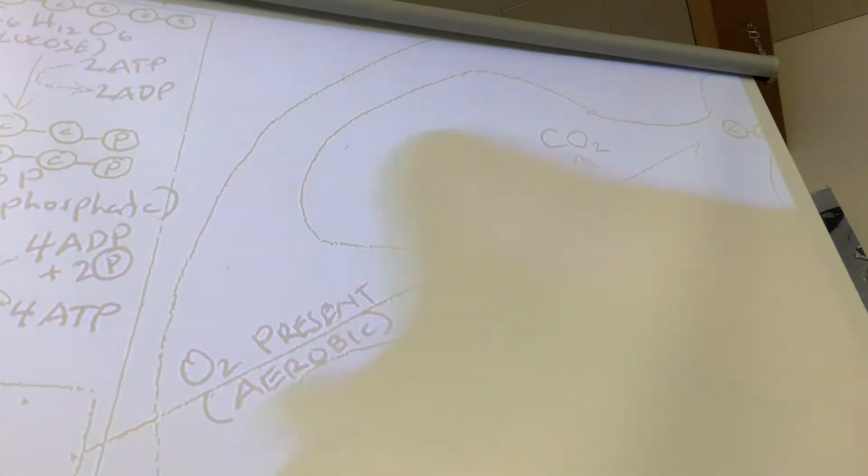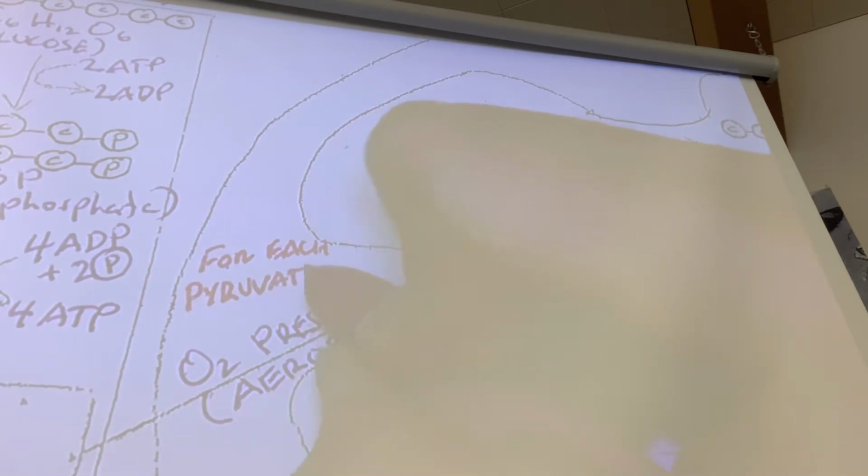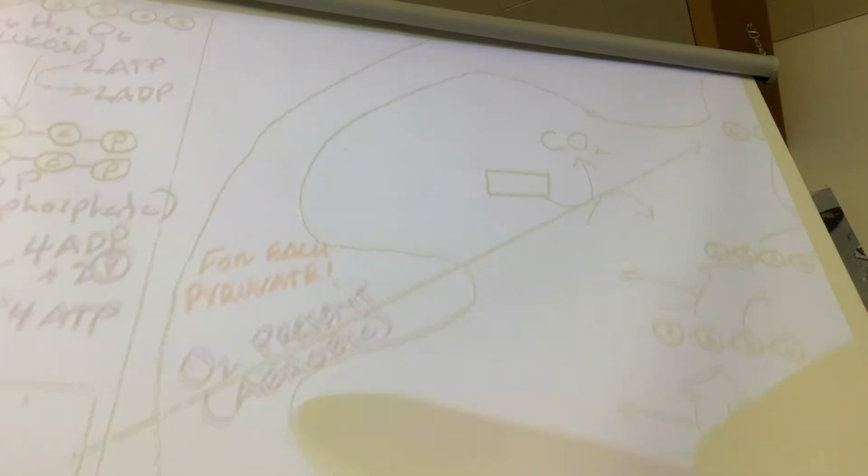So what I want to write is a little note up here: for each pyruvate. So this is for each pyruvate, which means I have to do it twice for one glucose molecule. Okay, so oxygen is present.